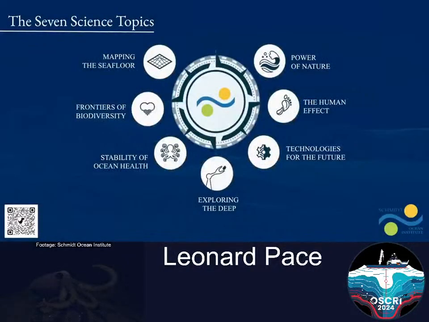Within the strategic framework are 7 topic areas that provide an understanding of how Schmidt Ocean Institute prioritizes various oceanographic disciplines. They are mapping the seafloor, frontiers of biodiversity, stability of ocean health, exploring the deep, power of nature, the human effect, and technologies for the future.